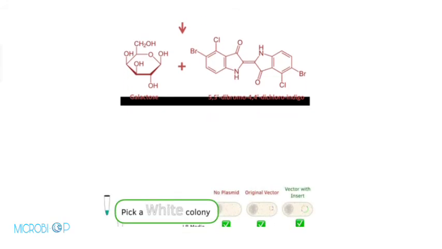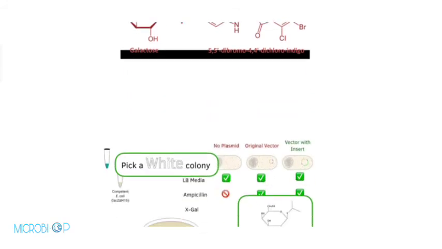Now this is the basis of blue white screening. So what is blue white screening? Blue white screening is a process to determine whether beta D galactosidase has been produced or not. We can visibly see whether blue colonies or white colonies are produced.